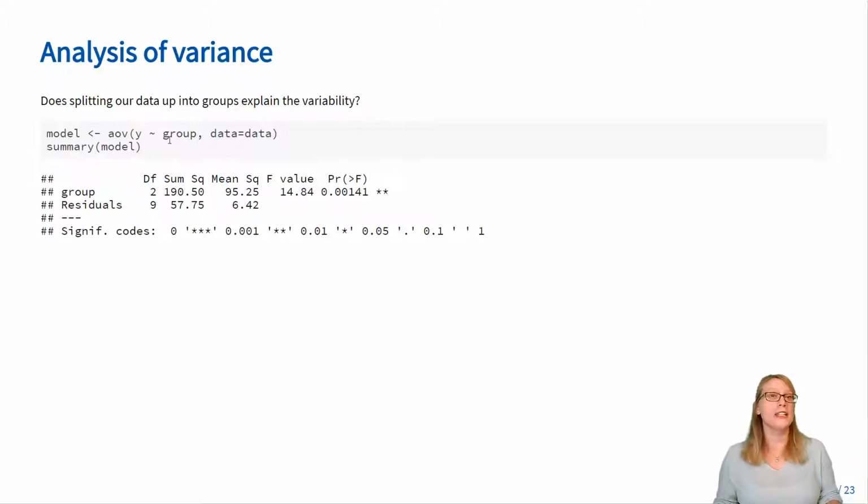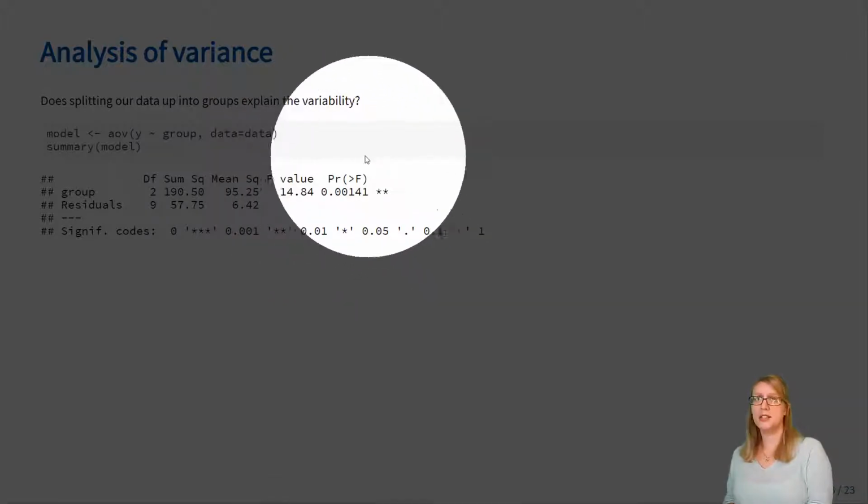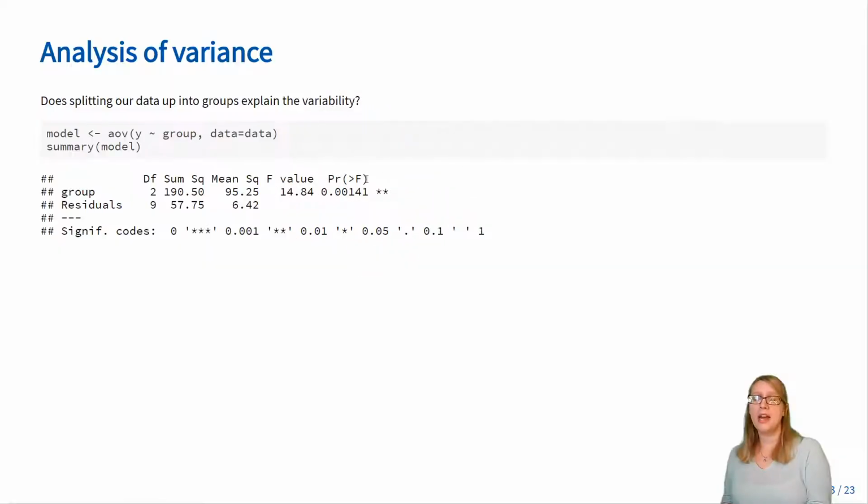We'll take a look at a summary of this model and get a table back called the analysis of variance table. We'll go more in depth as to what each of the parts of this table mean very shortly, but look for something we recognize. This is a probability. This is a p-value. So this is measuring the strength of evidence for or against that null hypothesis.